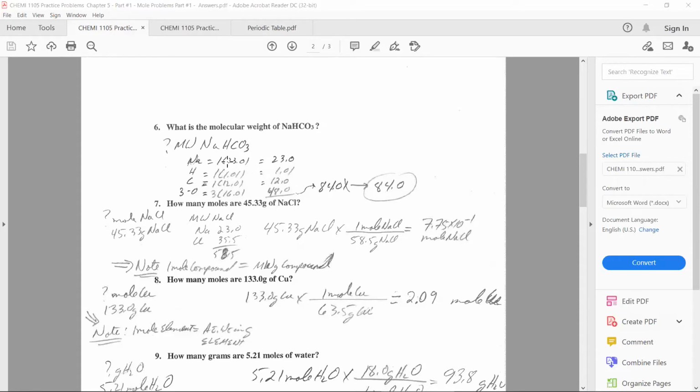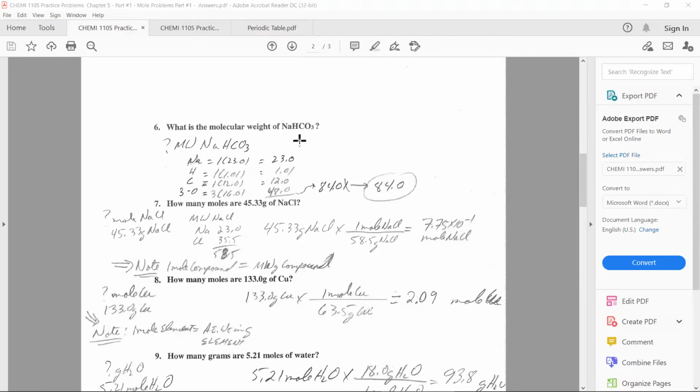All right, now for the molecular weight, we have 1 sodium, 1 times 23.0, 23.0. This 1, 1, 1, and 3 are exact numbers. For hydrogen, it's this. Carbon's this. 3 times 16.0 is this. Now, when you add them up, you get 84.01. When you do addition, you get the same number of significant figures to the right of the decimal as the number you're adding that has the fewest significant figures to the right of the decimal.